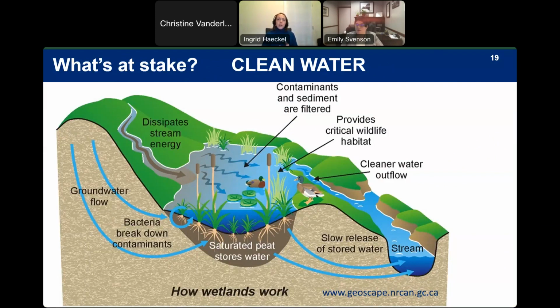And as water enters a wetland, it slows down and spreads out and can be released more slowly downstream, which reduces erosion and flooding. And in the process, sediment and nutrients are filtered from the water, and many contaminants can be broken down by bacteria or taken up by plants in the wetland, so that the water draining out of wetlands is usually cleaner than the water that entered.